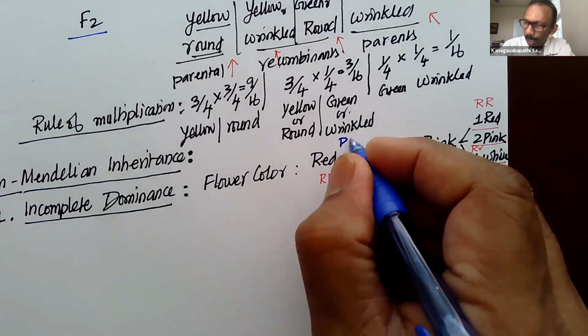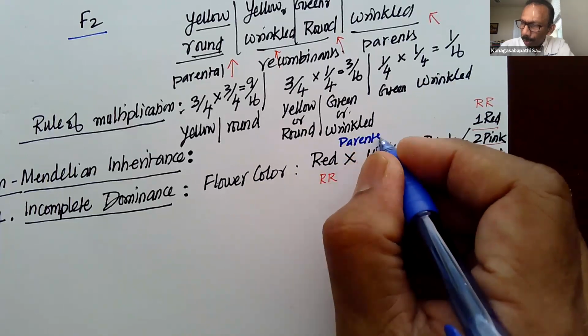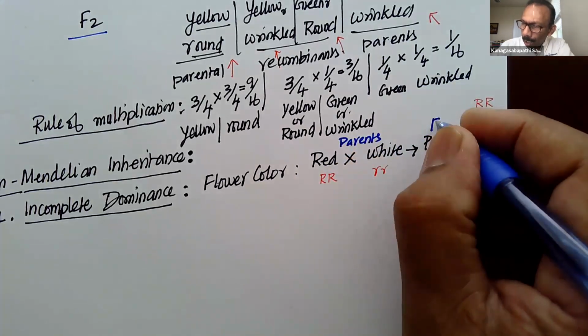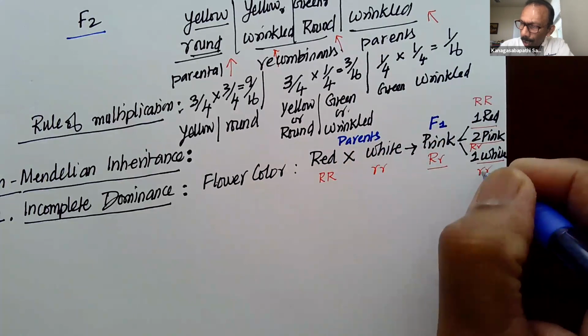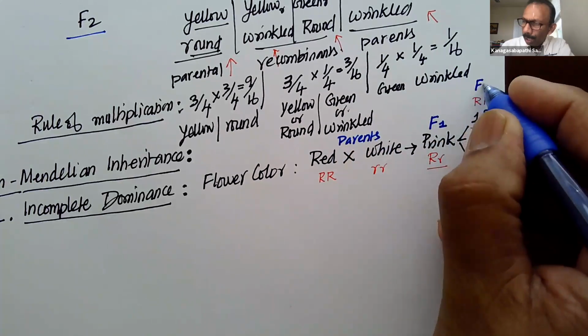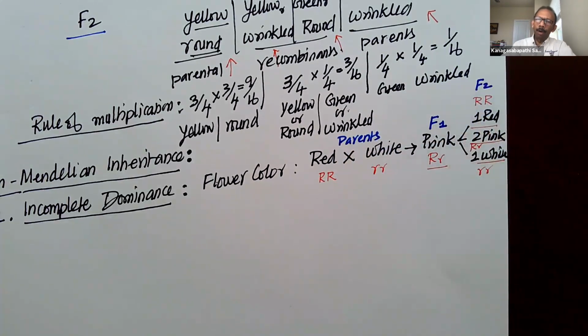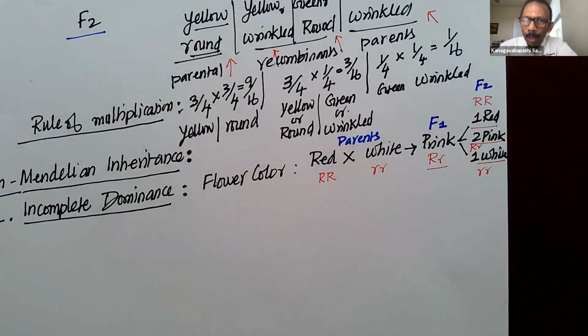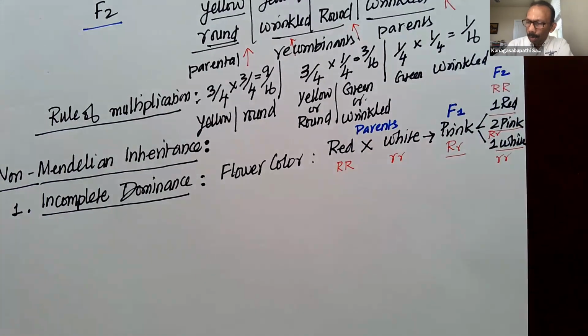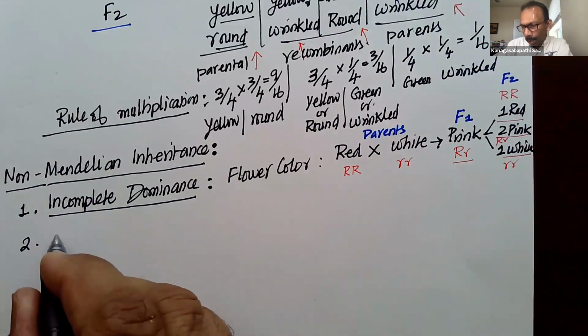There's no blending, because you're able to restore the white color in the F2 generation. You're not getting a lighter red or pink color in the middle. That is the point of incomplete dominance.